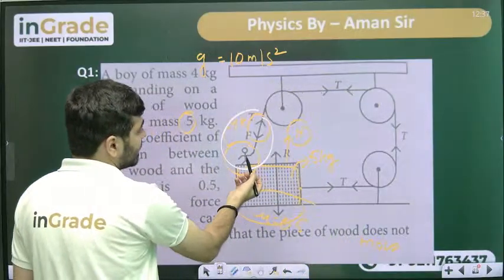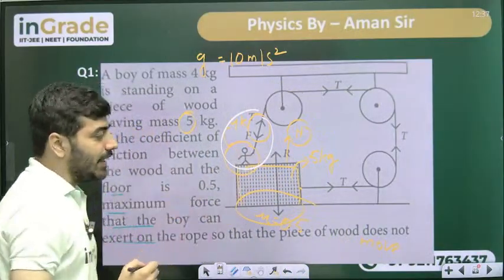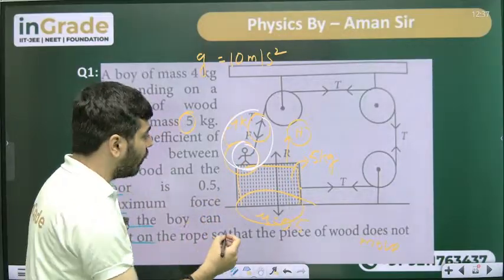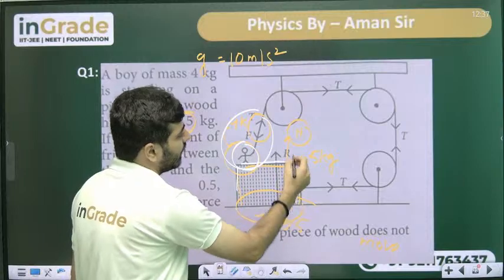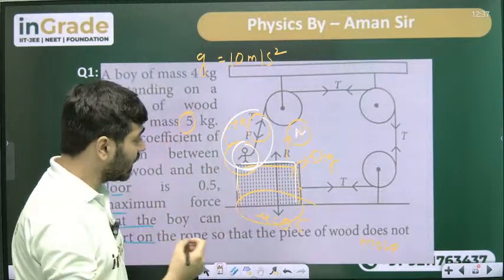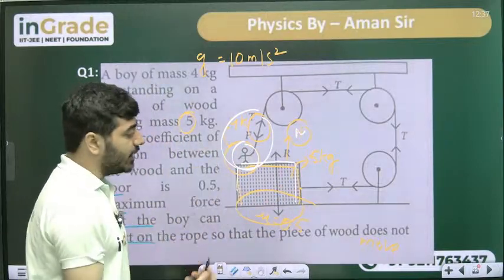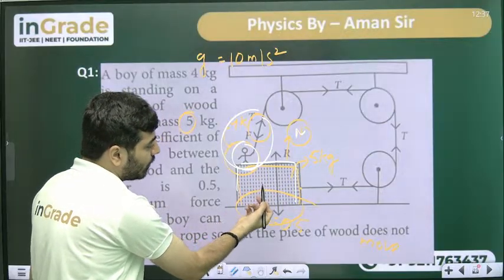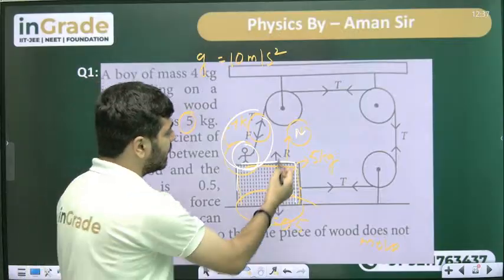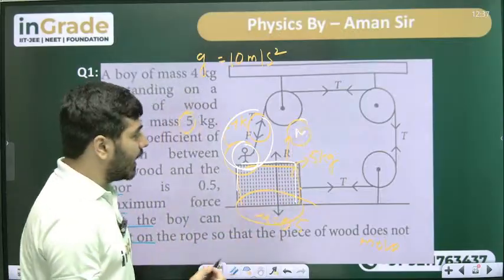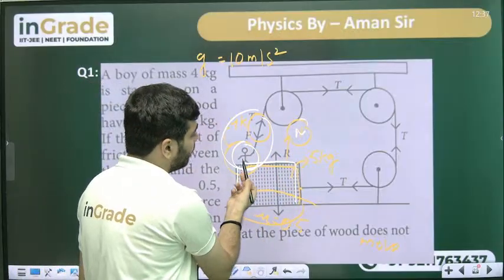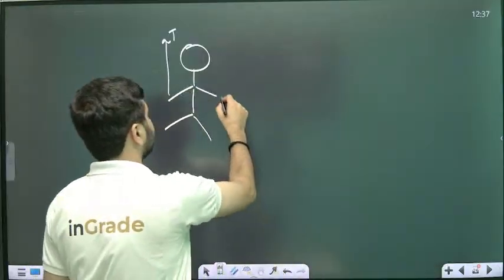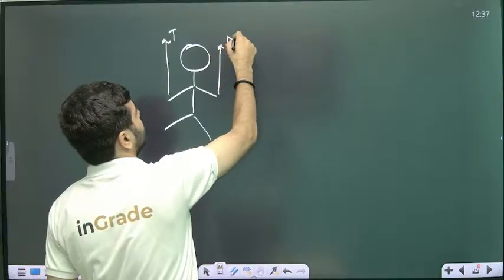Because the boy is pulling that wire, a reaction force is applied on the wooden block, which will be N. N is the reaction force between the boy and the block. Let's say it is acting in the forward direction.